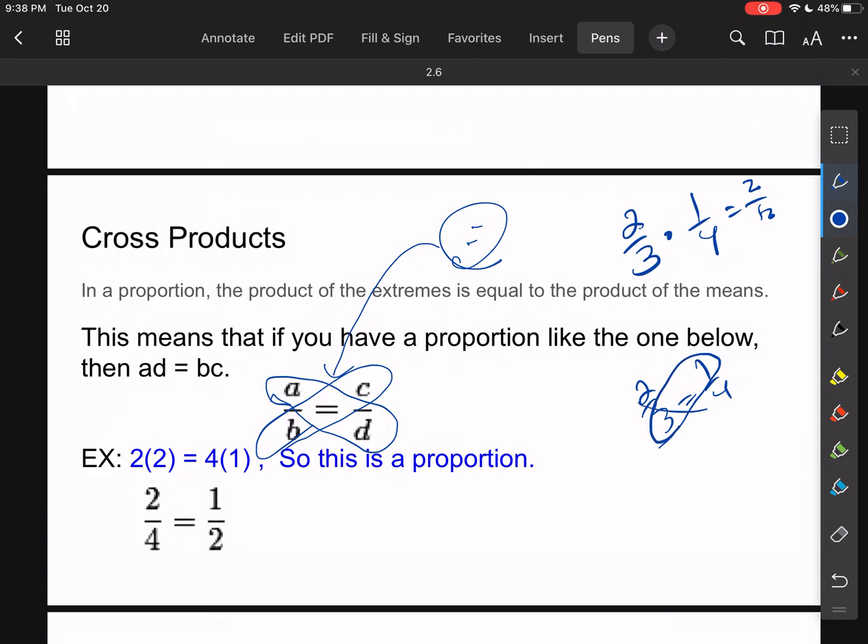So 3 times 1 is equal to 2 times 4. Since we all know that that is not the case, these are clearly not equivalent fractions, or proportions for that matter. So this is what this is talking about. We use cross products whenever we have two fractions that have an equal sign between them.